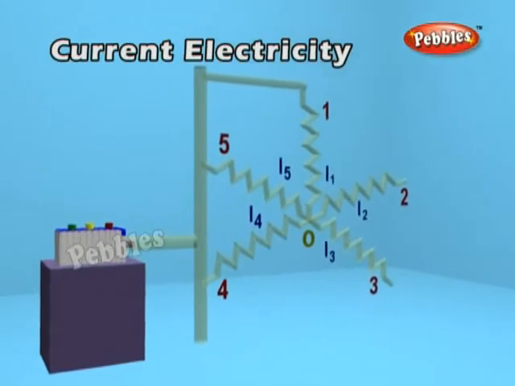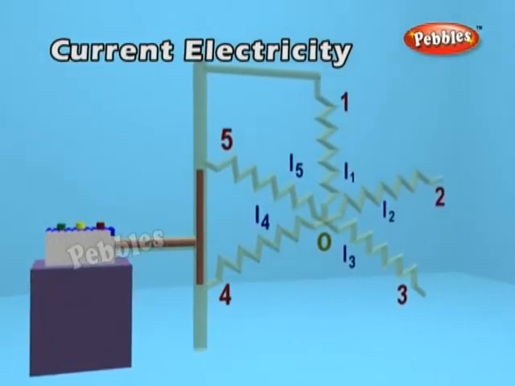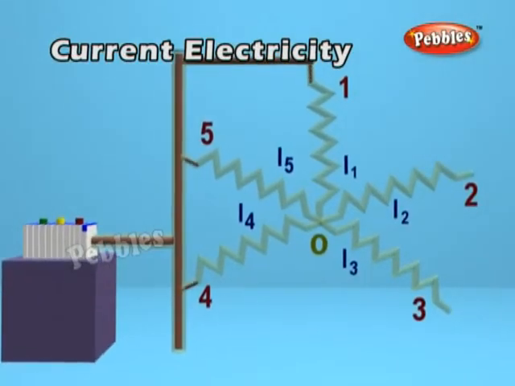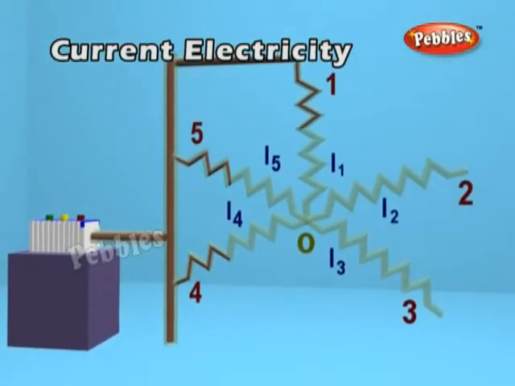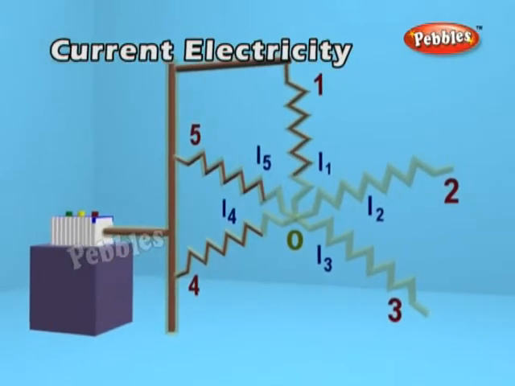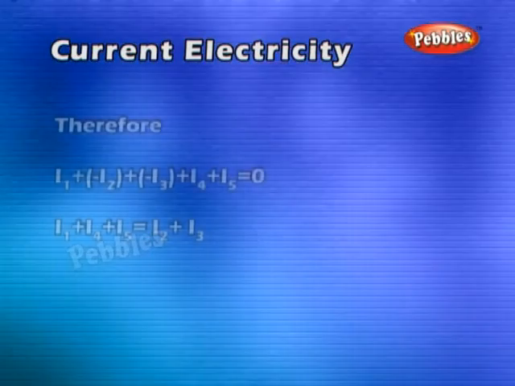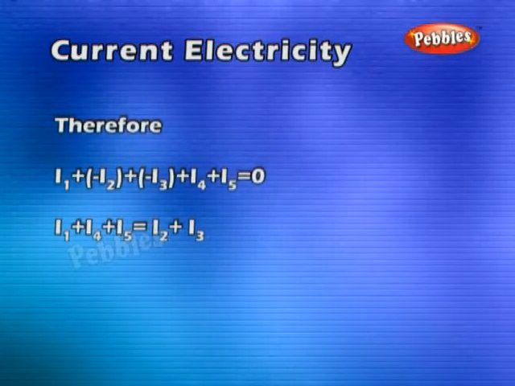Kirchhoff's current law states that the algebraic sum of the currents meeting at any junction in a circuit is 0. Current flowing towards a junction is positive and current flowing away from the junction is negative. Therefore, I1 plus (minus I2) plus (minus I3) plus I4 plus I5 is equal to 0.